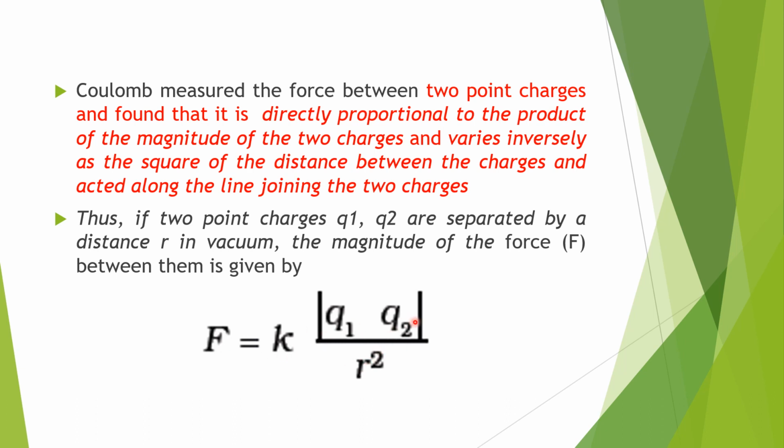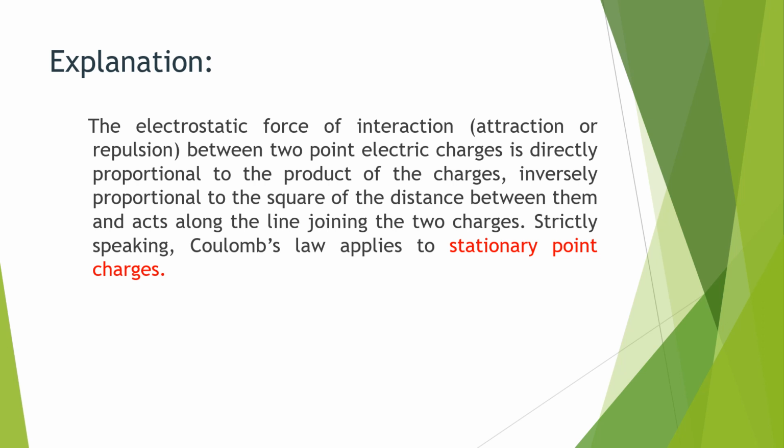This modulus sign is put to indicate the product of the magnitudes of these two charges, divided by R square. R is the distance between them. So we'll understand it in detail. The electrostatic force of interaction. What do you mean by force of interaction?